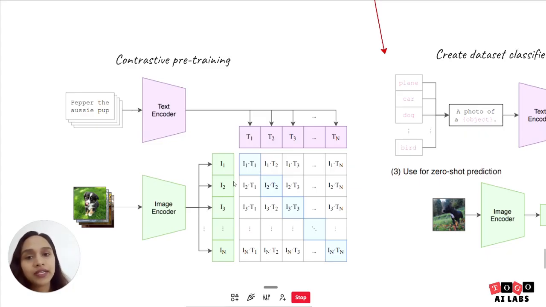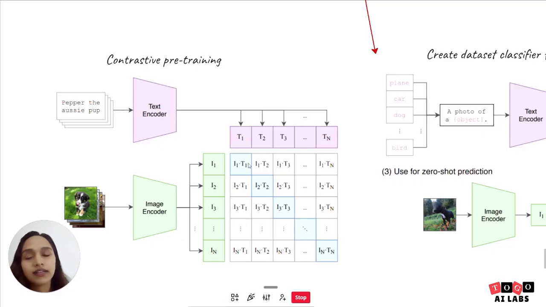That can be considered a positive value. And if they are not related, then all these are negatives. So the model has to maximize the dot products or cosine similarities of the related images and captions, and it should minimize the cosine similarities or dot products of the unrelated ones in the embedding space.